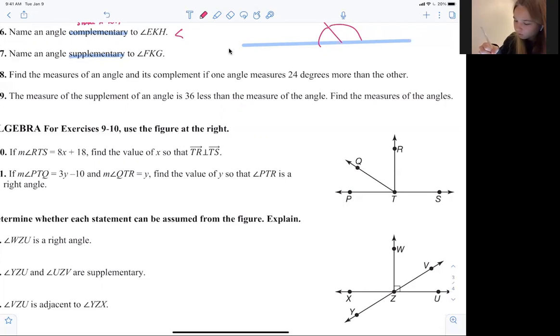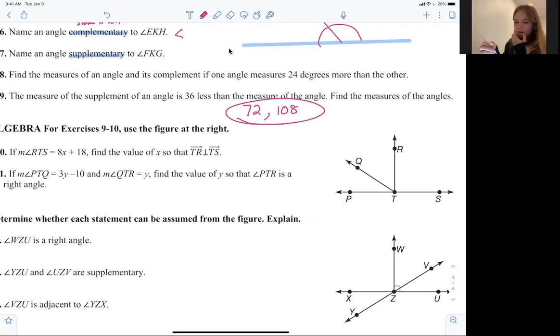Who's got it? This one's a little trickier, actually. 72 and 108. Perfect.